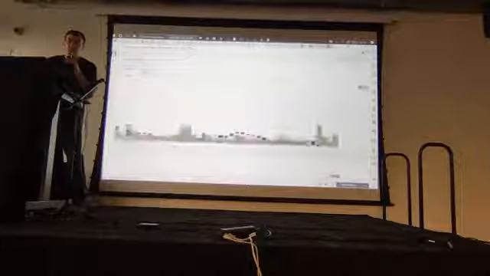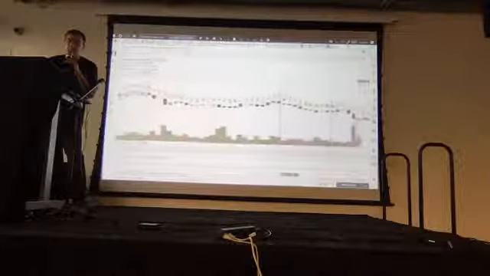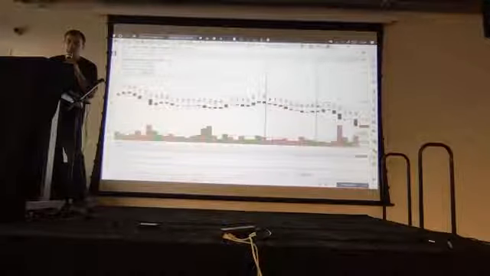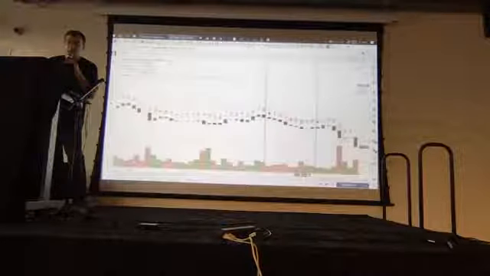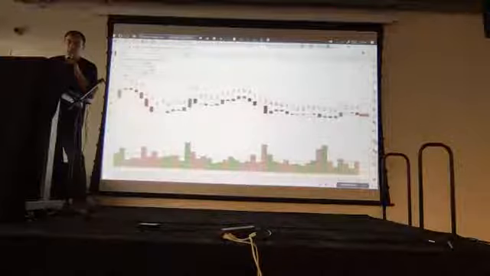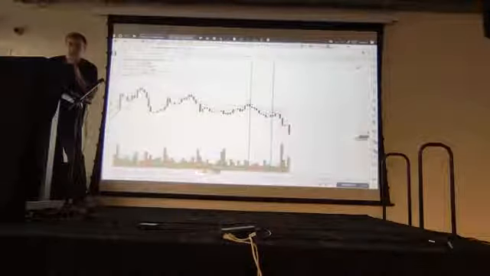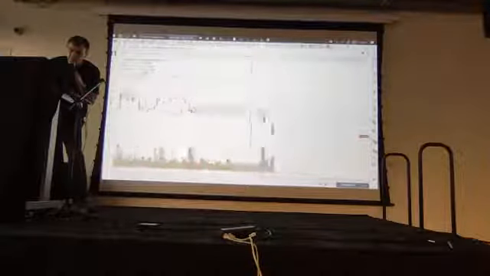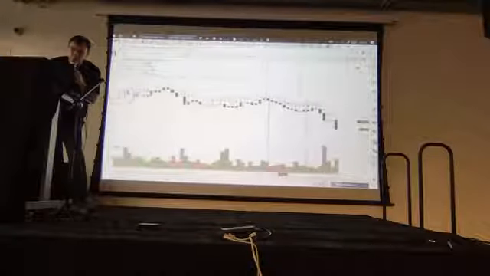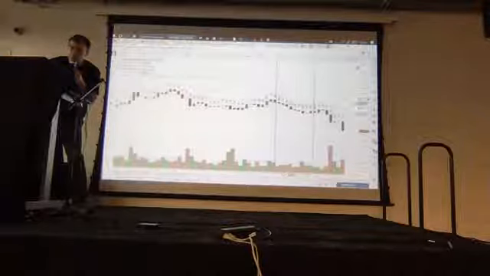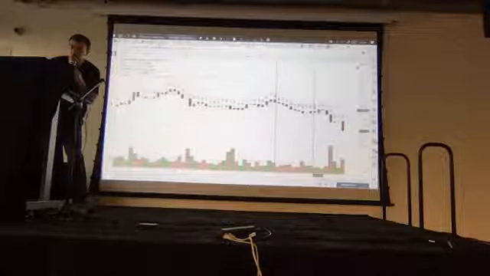So here's Ethereum daily. Well, you had a 9 here. You had a 9 here leading to a little bit of a bounce.